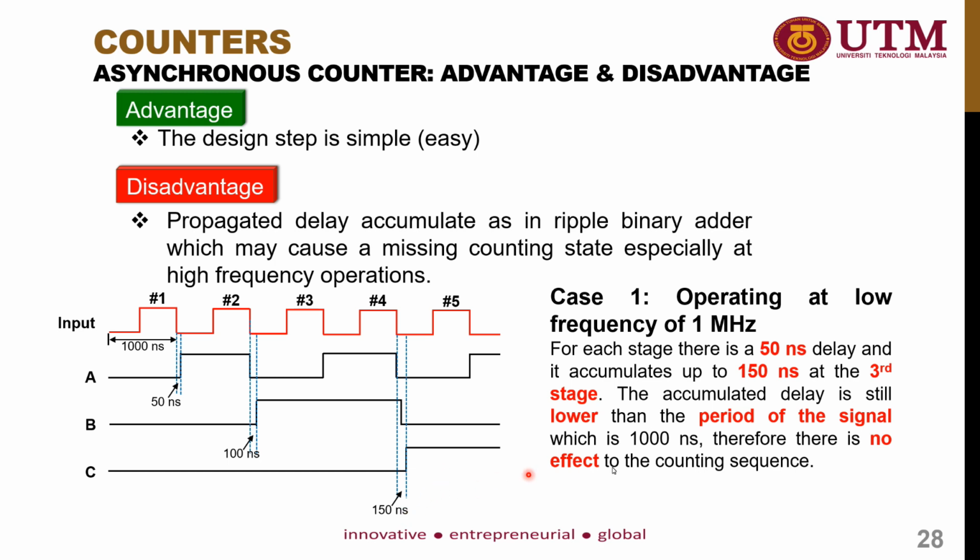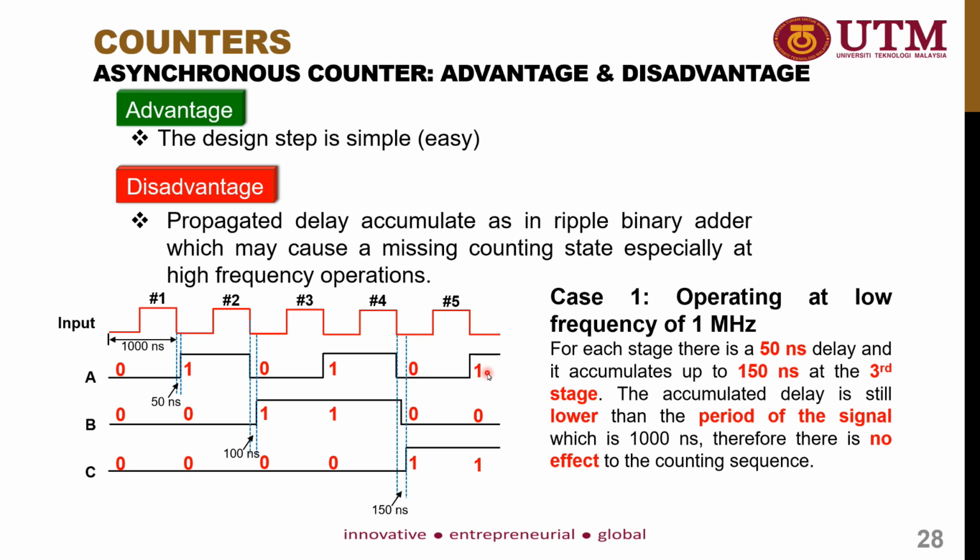In this example we only have 3 stages, so the accumulated delay is only 150 nanoseconds, which is still lower than the period of the clock. So there is no effect to the counting sequence. When we simulate the counting sequence, you will still have all of the sequences that you want, 000 until 101 for this example. What if the frequency is high?